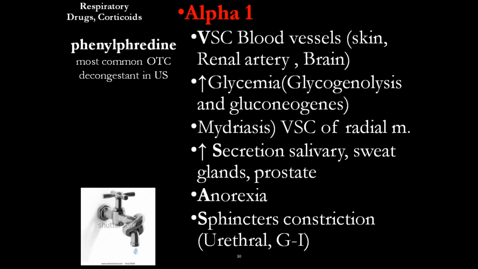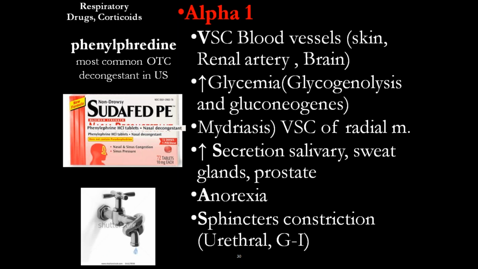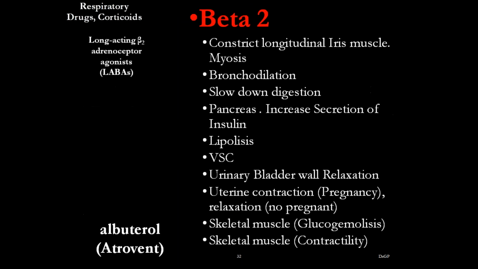And this alpha-1, even if it is topical, I mean, a nasal decongestant, can produce systemic effects. Hypertension, right? Alpha-1 vasoconstrictors increase the peripheral resistance and increase the blood pressure. All right, so let's keep going. So that is about alpha-1s.